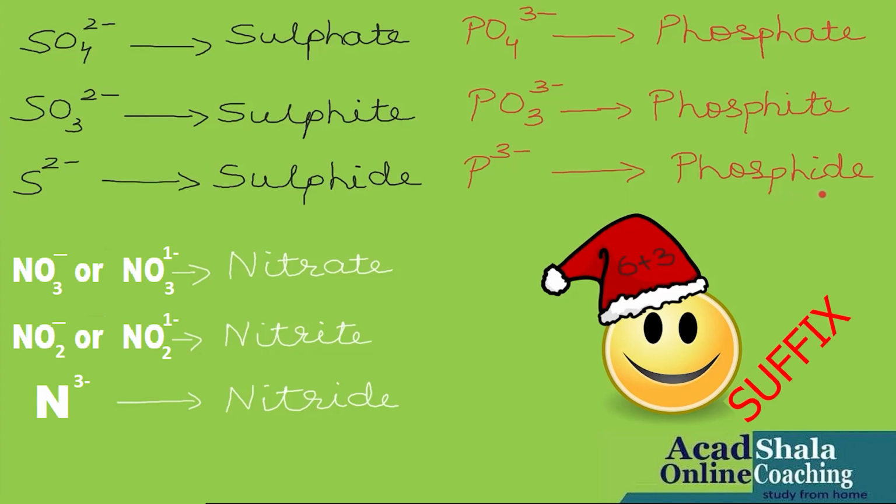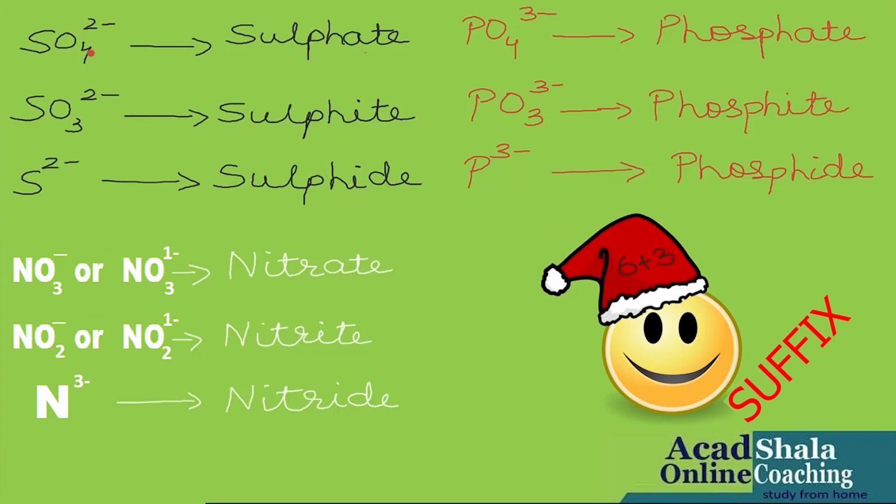Again, I'm repeating, it is not a rule at all. It is just a mere trick to memorize, to make you understand for a longer duration of time, so that it makes your task easy. Once again, quick revision.